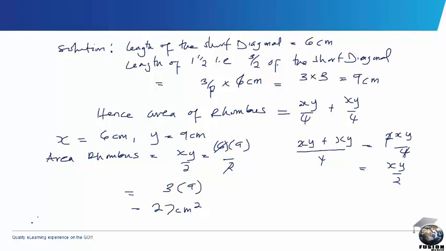So therefore the area of the rhombus is equal to 27 centimeters squared.